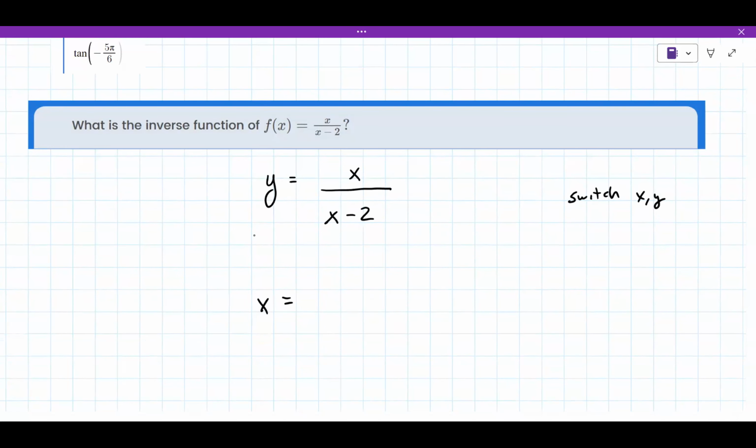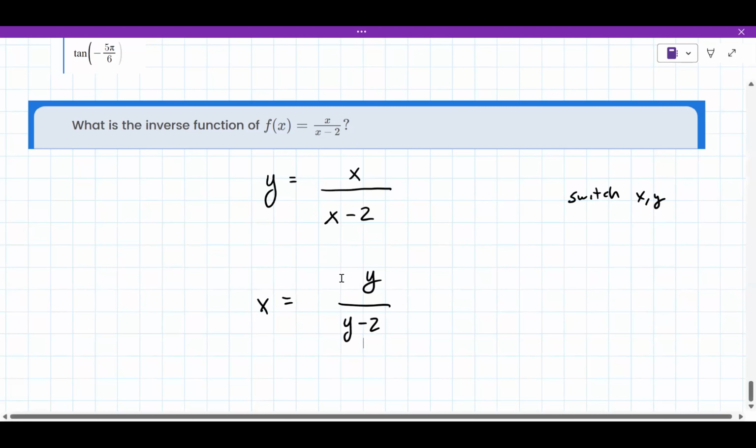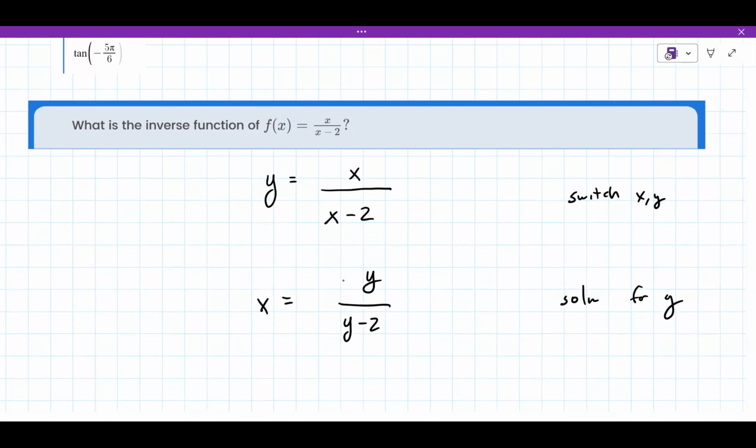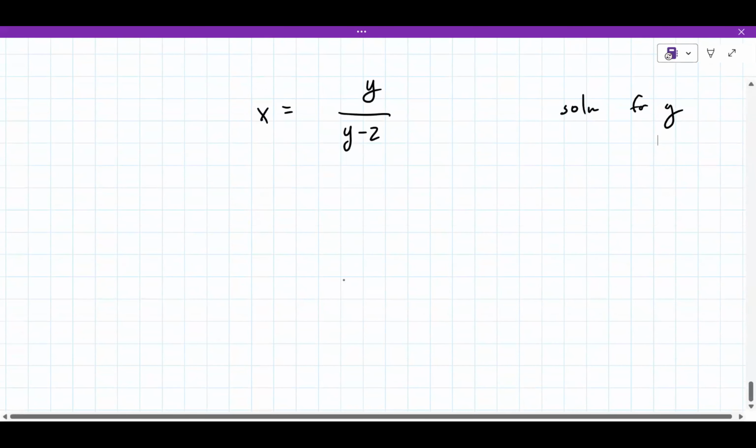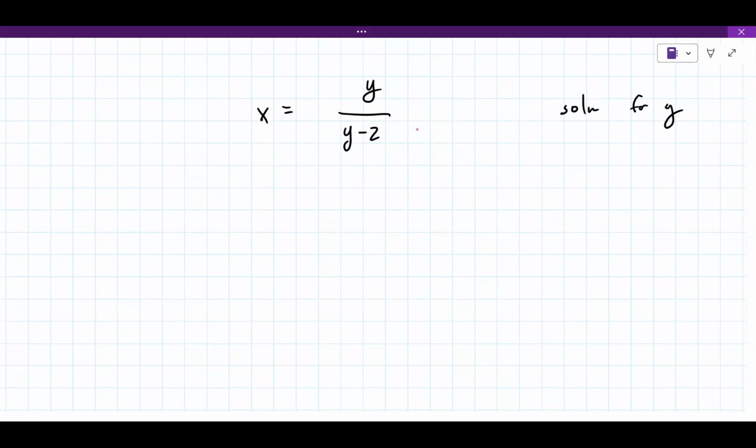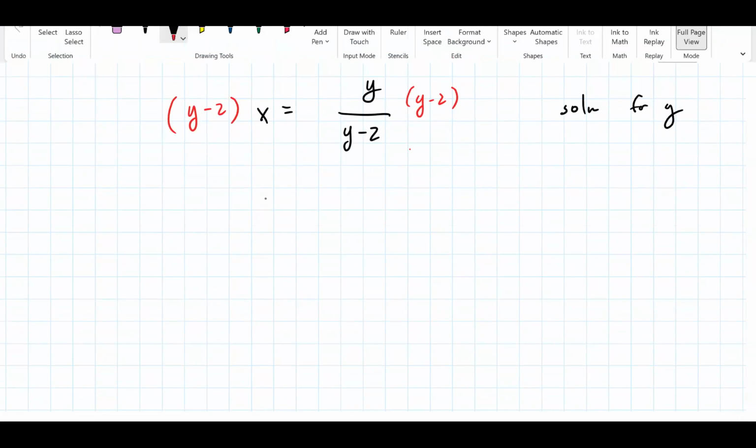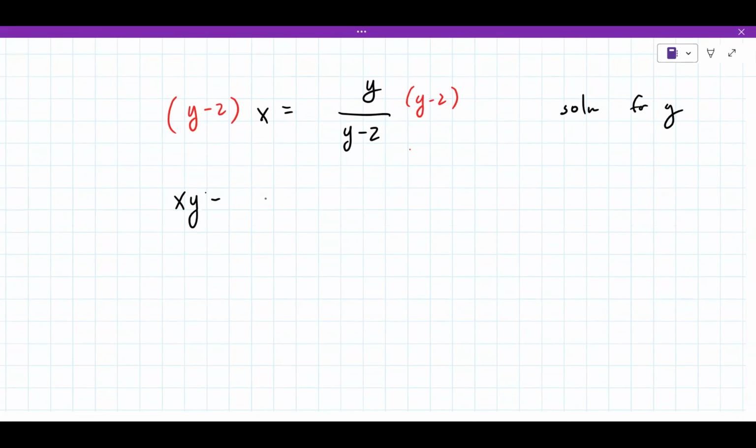So x equals y over y minus 2. And now you have to solve for y. Take a deep breath, we've got a little bit of work to do here. First we multiply both sides by y minus 2, and then this is xy minus 2x equals y.